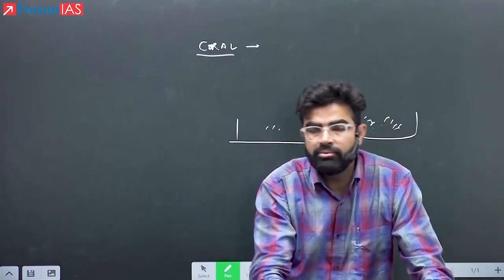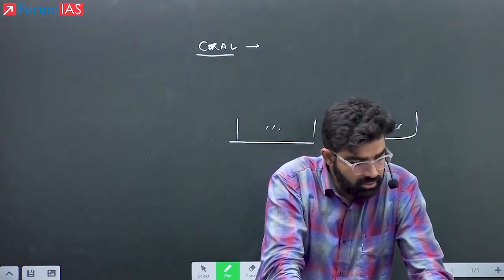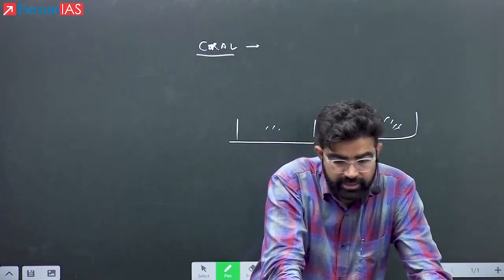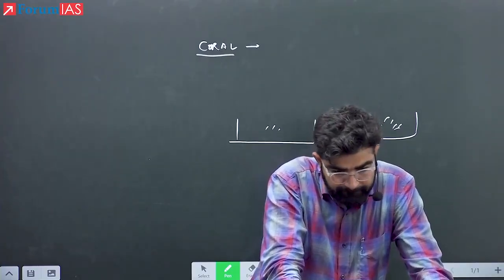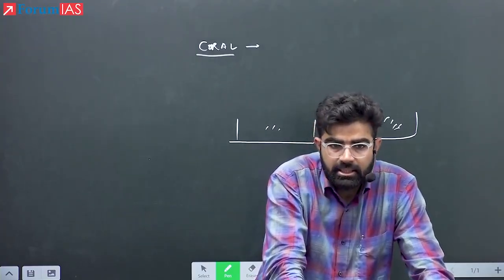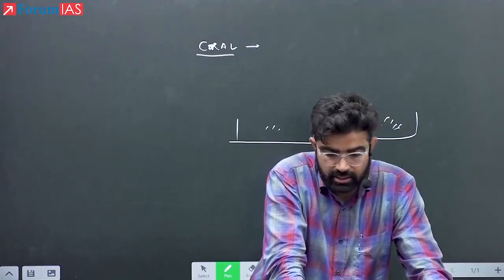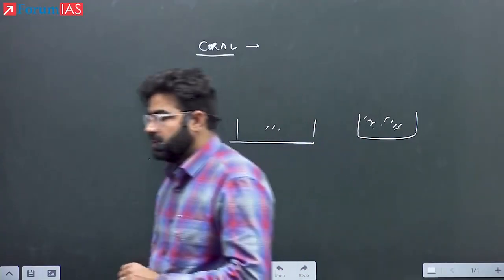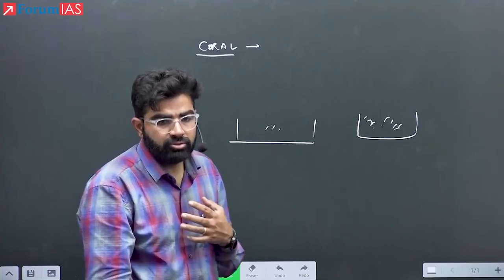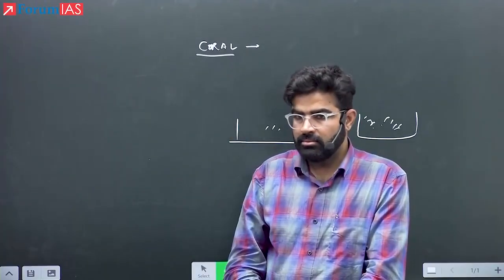Write down in the bracket, pure water will freeze at 0 degree C, whereas saline water, in bracket 35 ppt, will freeze at minus 1.39 degree C.